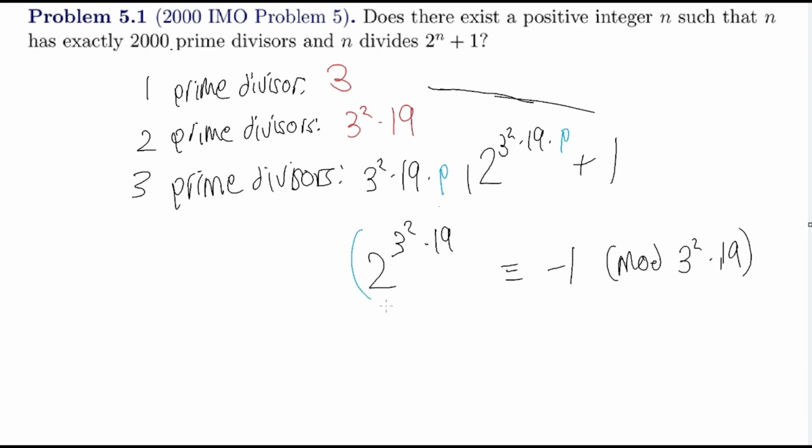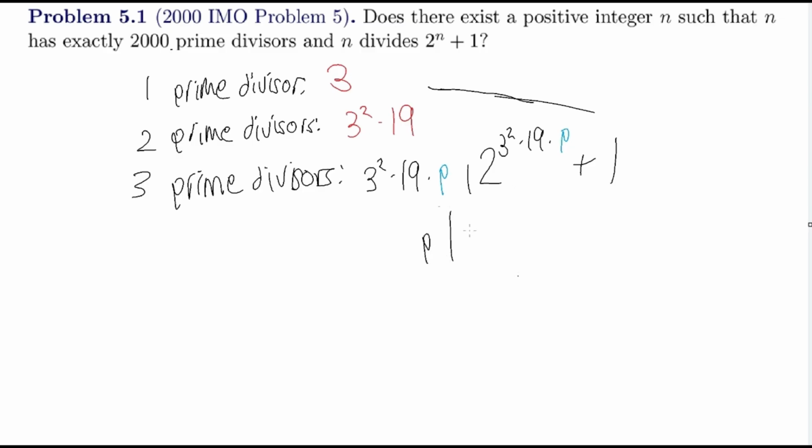So we can just take both sides to the p power, and this is negative 1. And therefore it ends up working modulo 3 squared times 19. And now we just have to fulfill the mod p requirement here. So that means that p divides 2 to the 3 squared times 19 times p plus 1.